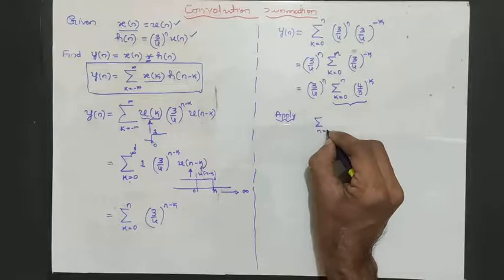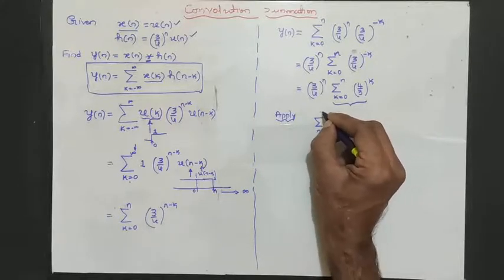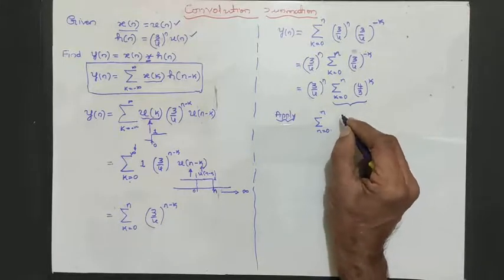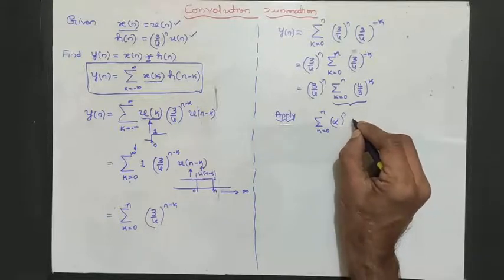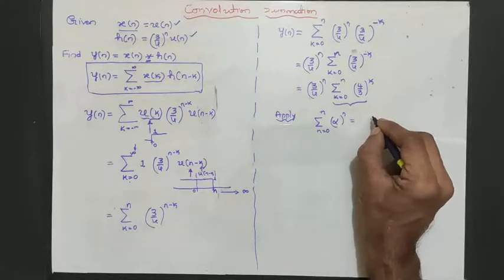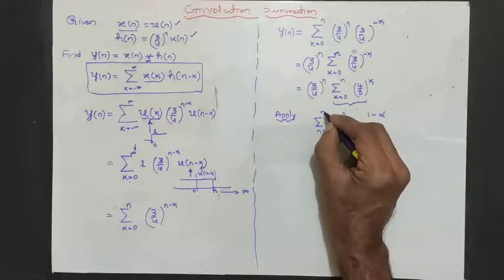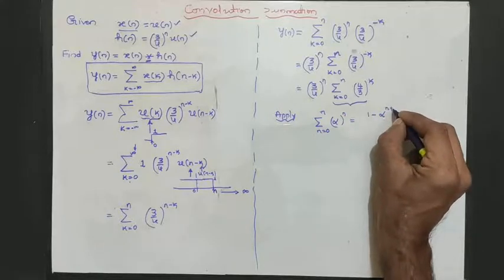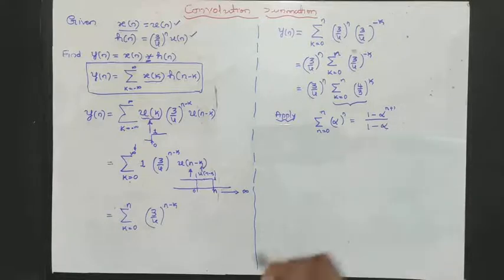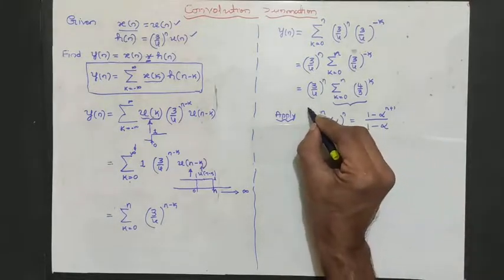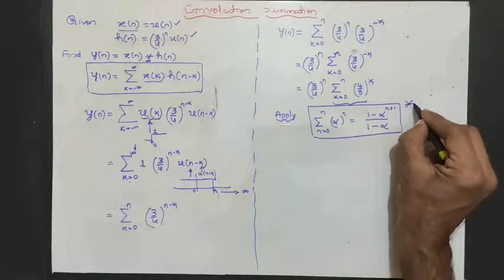Summation n is equal to 0 to n, n means a variable, alpha raised to n is equal to 1 minus alpha raised to n plus 1, divided by 1 minus alpha. This is a standard formula which you have to apply, and a very important formula.